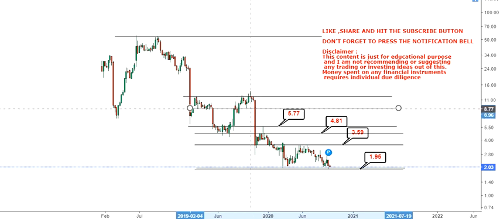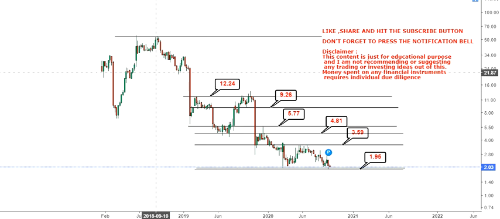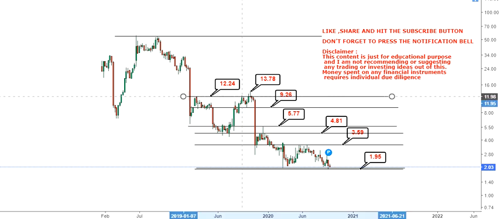Now once 5.77 is crossed, the next targets will be 9.26 and 12.24. One more important level to look at here is 13.78, or 14.16, because this will be a very big resistance.